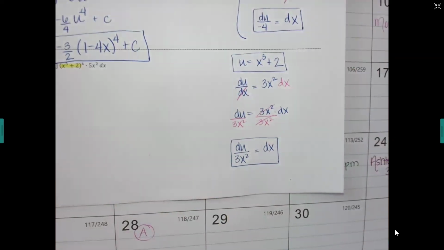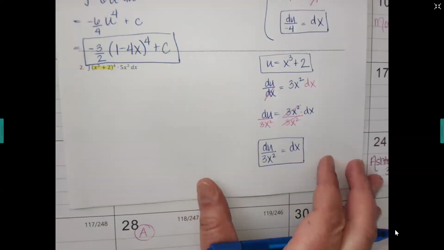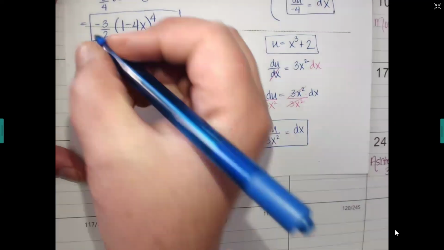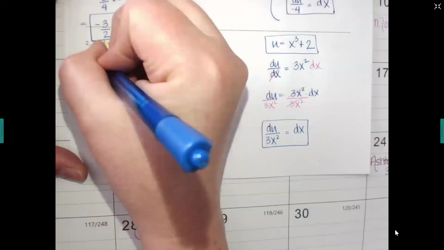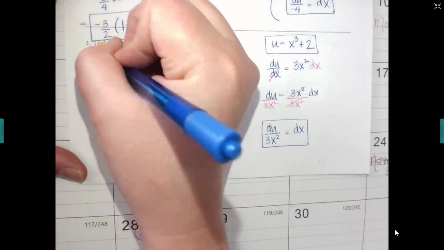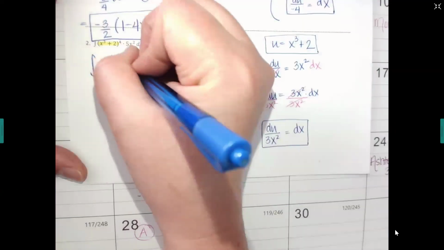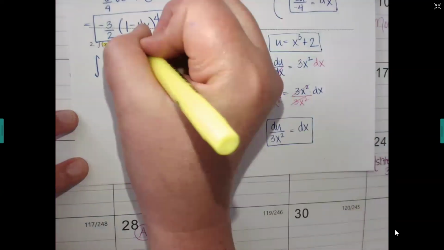Okay, and we're going to use those two pieces to rewrite our integral with no x's left. So let's do it. My x cubed plus 2, what's that going to turn into? A u, and then what power did it have on it? A 4. Then I get to the 5x squared. I don't have a substitution for that, so I'm just going to leave it. Then I get to the dx and I have a substitution for that.